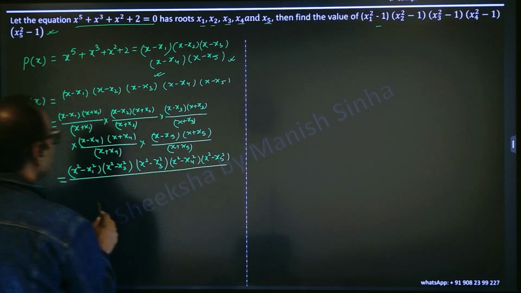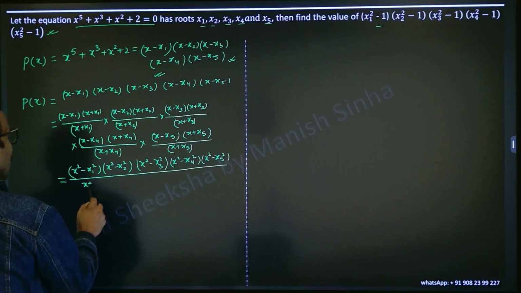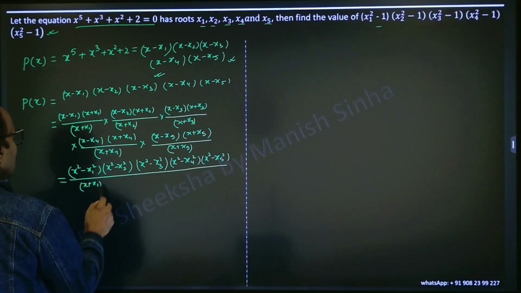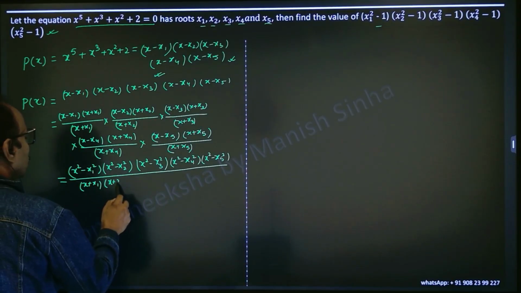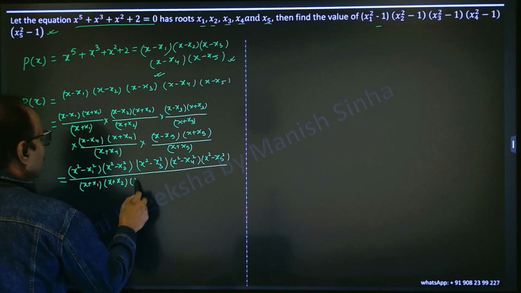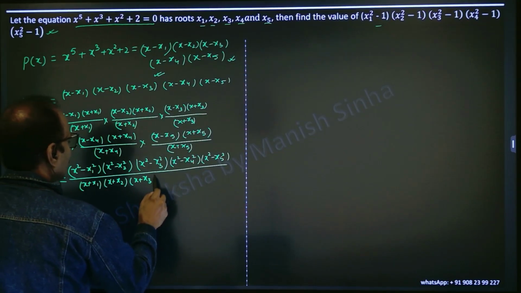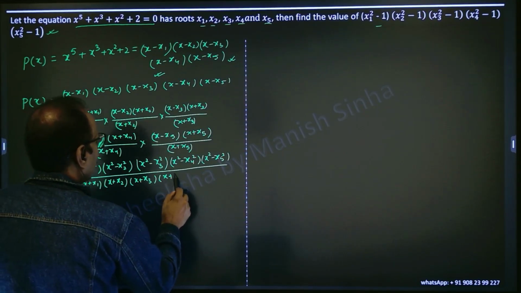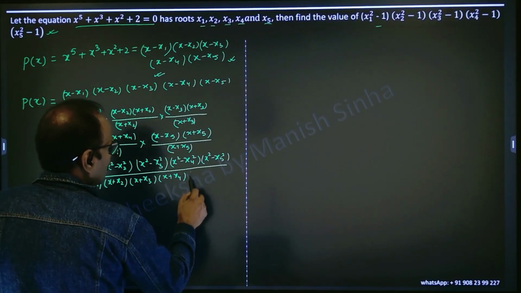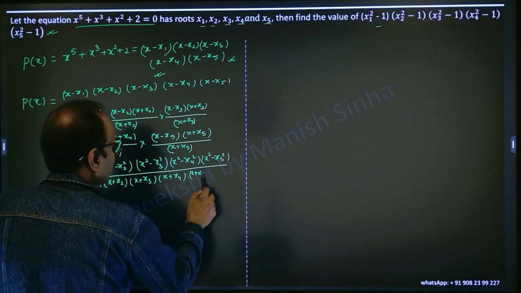The denominator will be x plus x1, x plus x2, x plus x3, x plus x4, x plus x5.